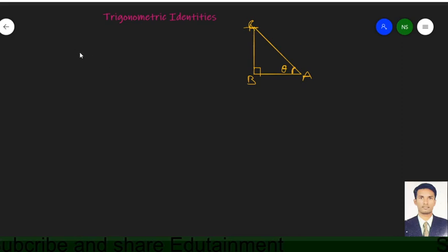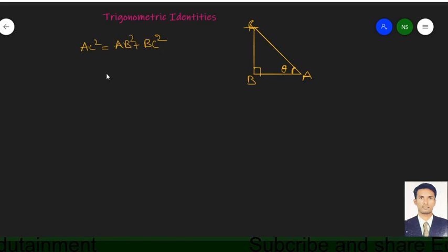So by Pythagoras theorem, what can I write? I can write here AC square is equals to AB square plus BC square.